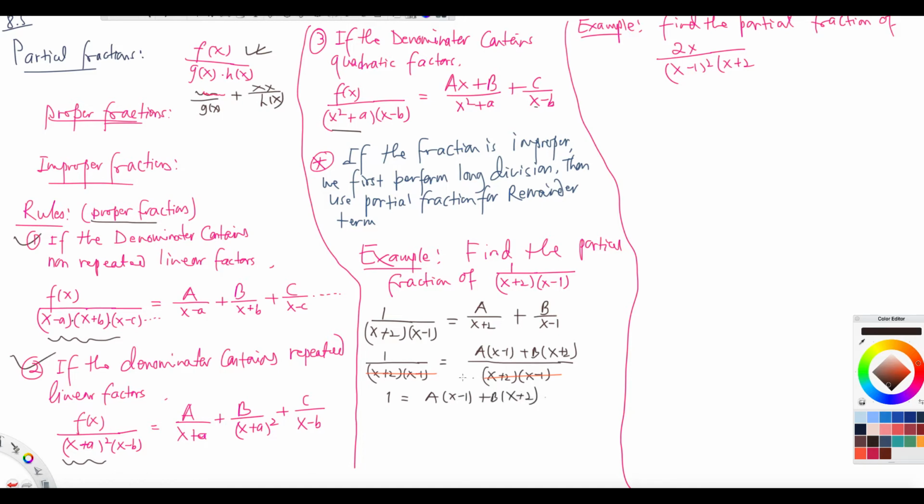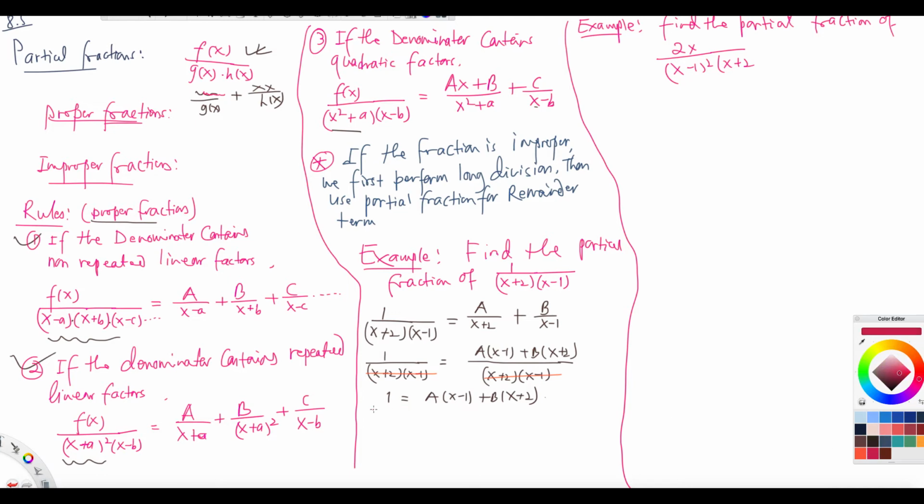Now our goal here is to find the values of uppercase A and uppercase B. How do I do that? Just pick the value of x that makes one of the factors 0. If you set x equals 1, one of the terms will disappear, right?